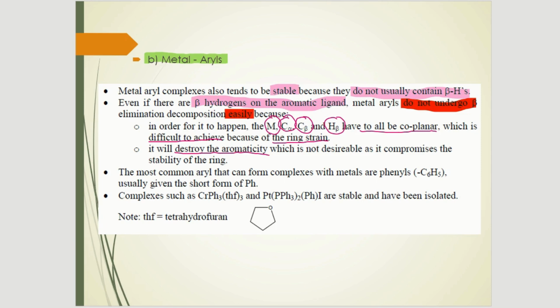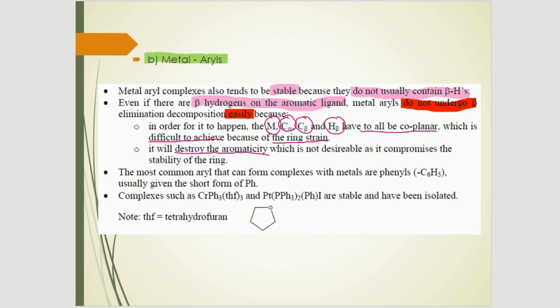The first one: in order for it to happen, the metal, carbon alpha, carbon beta and hydrogen beta have to all be coplanar, which is difficult to achieve because of the ring strain.